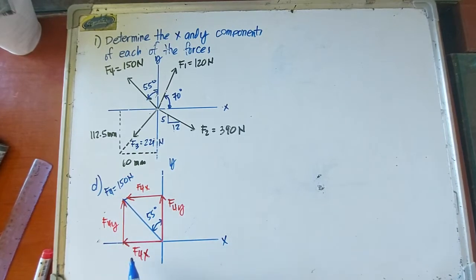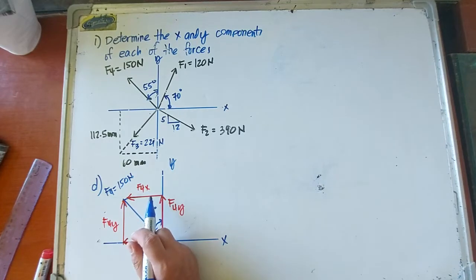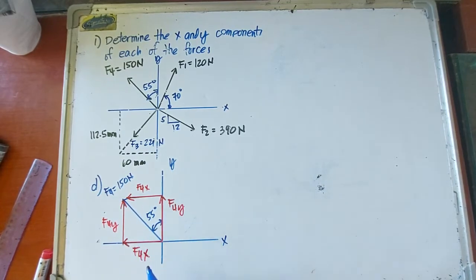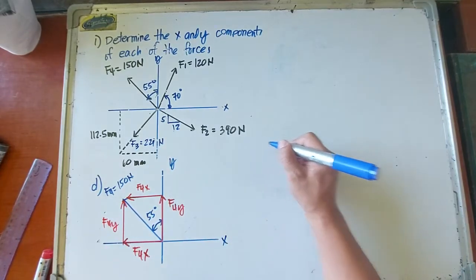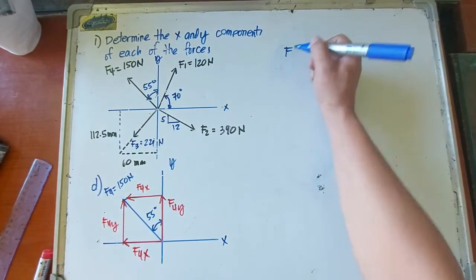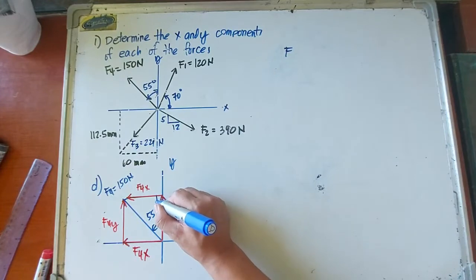So if this is F4X, then this is also F4X, since they have the same direction and magnitude. And if this is F4Y, this is also F4Y. So you can analyze either of the two triangles formed dito. Since ito naman yung angle, we can analyze this angle. It's a right triangle.